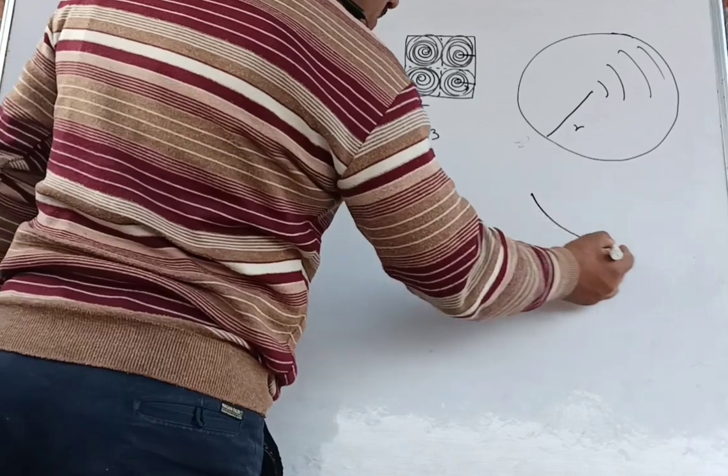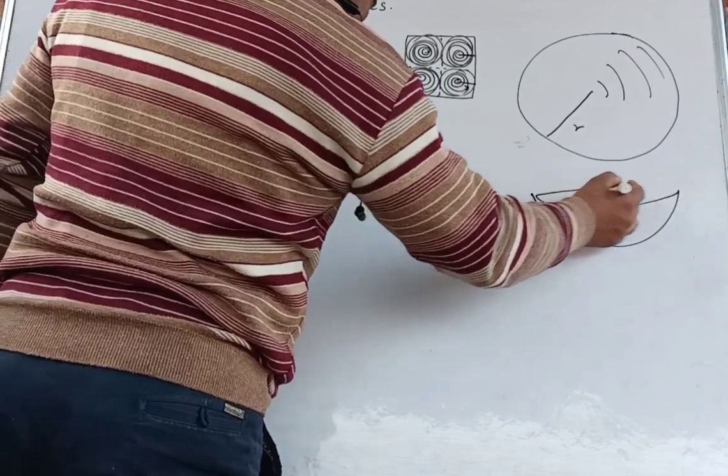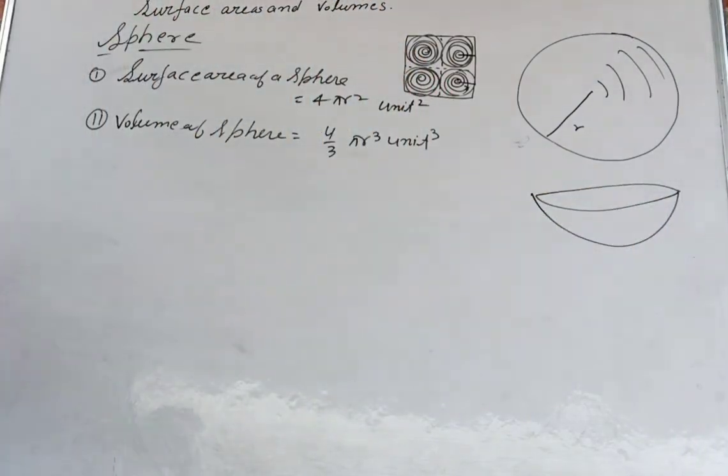This is the shape of a hemisphere. A hemisphere has two surfaces, one curved surface and one plane surface.